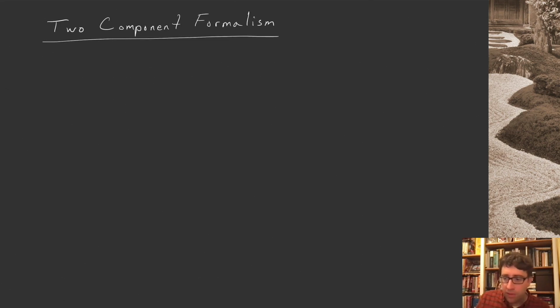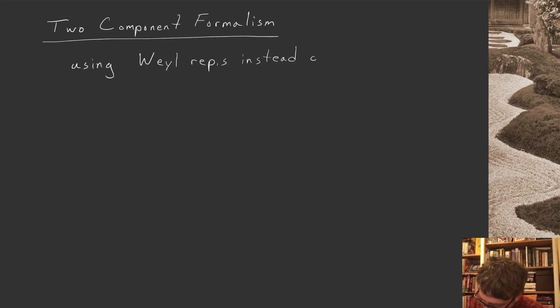So the idea behind this formalism is to take advantage of the fact that in even dimensions we have these Weyl representations, which we can use to reduce the Dirac representation. We can use it to reduce the size of the dimension in half, right? So in 4 space-time dimensions, we have these 4-dimensional Dirac representations, and we can decompose them into two-component Weyl representations. So again, the idea here is to use the Weyl representations instead of Dirac.